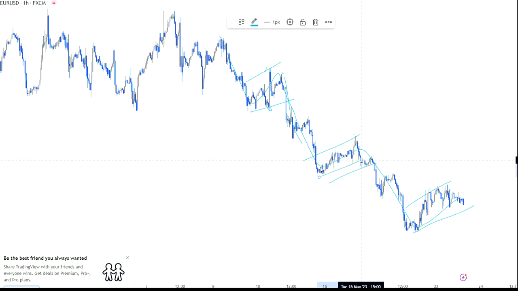If you are using a flat or Elliott, this is A, this is B, this is C. Then we will be approaching another impulse down here.